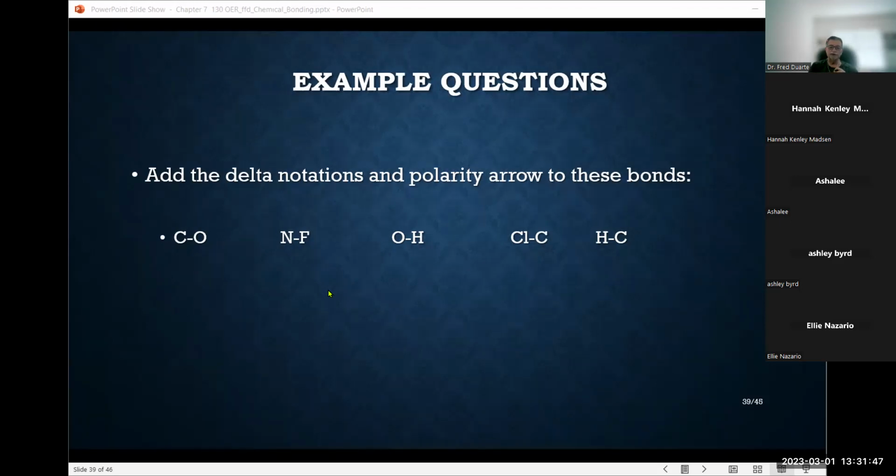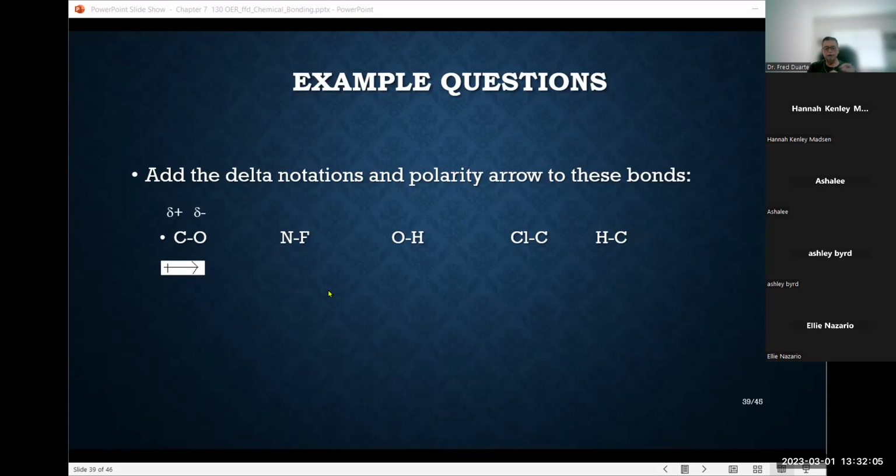Oxygen is a lot more electronegative than carbon, and that means the oxygen will pull the electron density away from the carbon, giving this partial negative, and the arrow in this case goes from left to right.